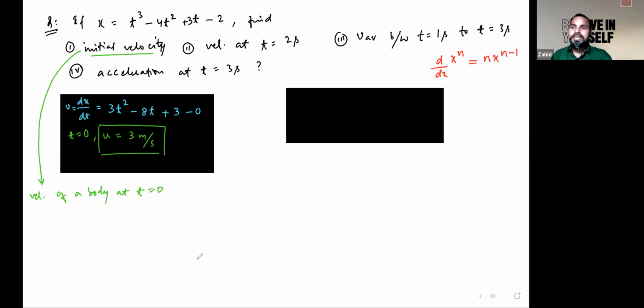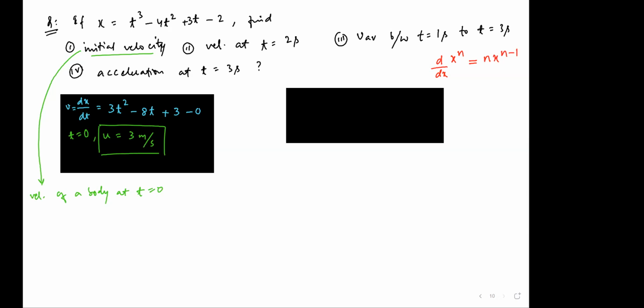Similarly, if you have to find initial acceleration, it means the acceleration of the body at t equals 0. So for any term, if you have to calculate the initial value, just put the value of t to be 0. Is it clear? Yes, sir.